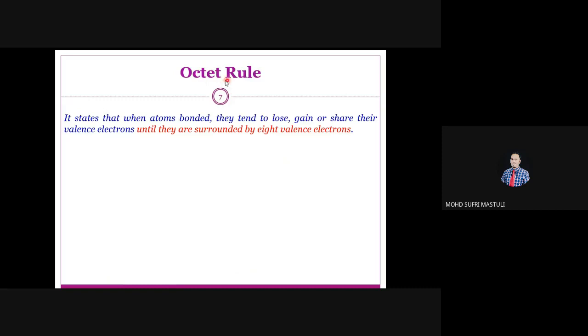The octet rule states that when atoms bond, they tend to lose, gain, or share their valence electrons until the atoms are surrounded by 8 valence electrons.